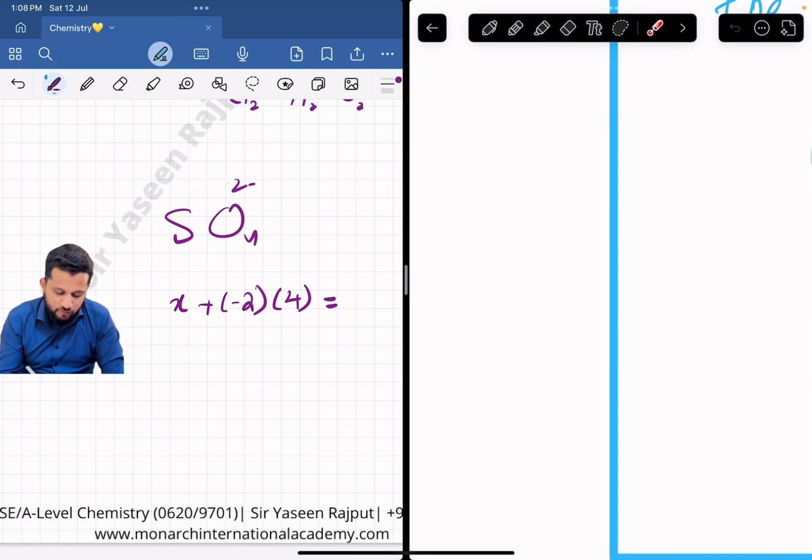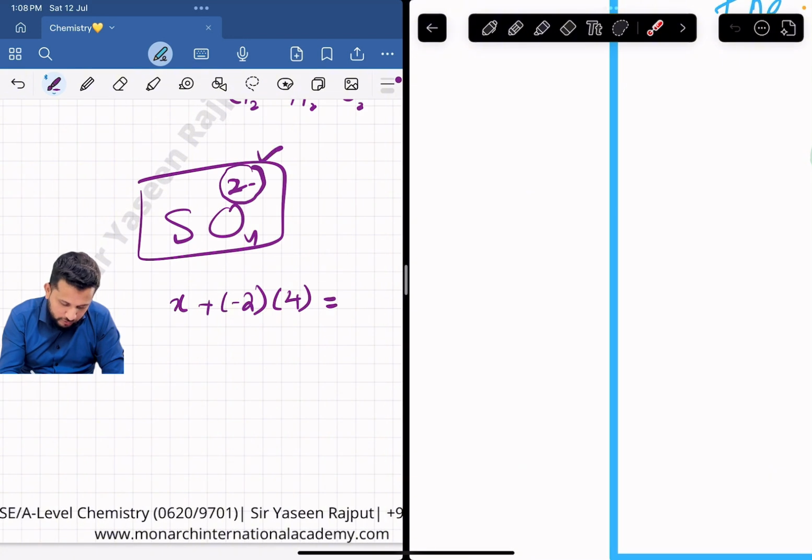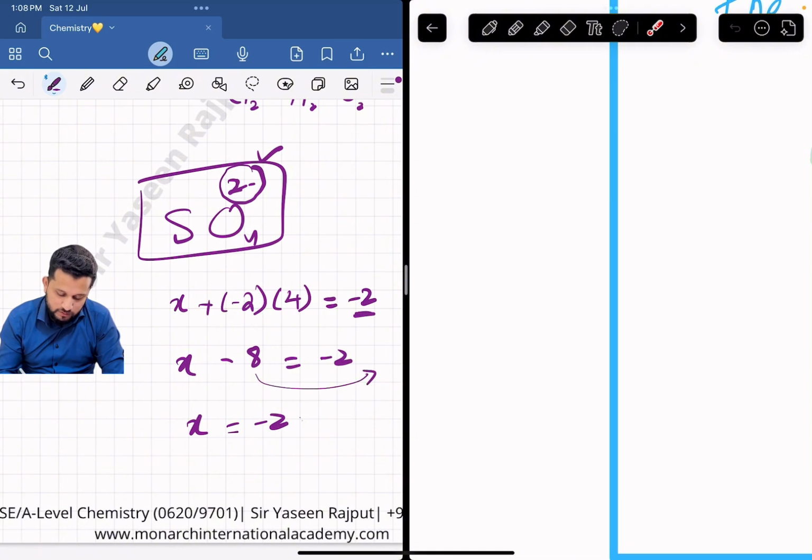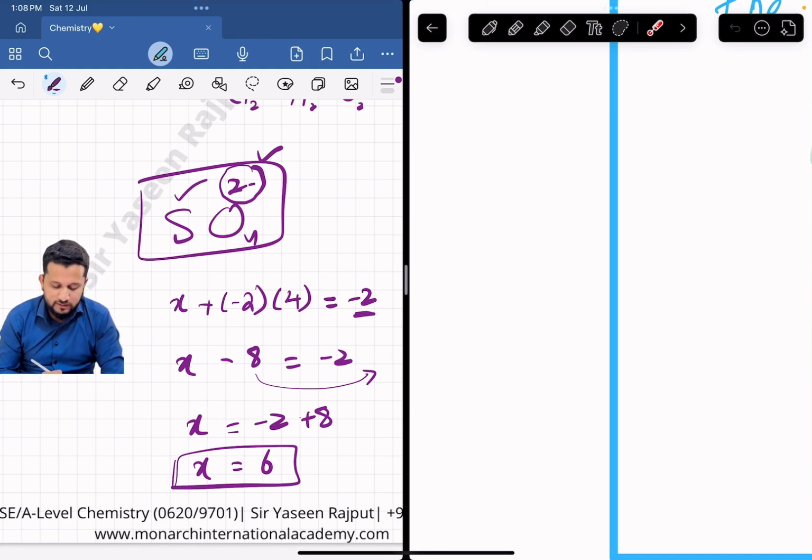The sum of oxidation numbers in a molecular ion is equal to the charge on the molecular ion, so we need to write the charge like this. So x minus 4 times 2 is 8 equals -2, and then x equals -2. This 8 becomes plus on the right hand side, and then you will end up with 6. So the oxidation number of sulfur is 6.